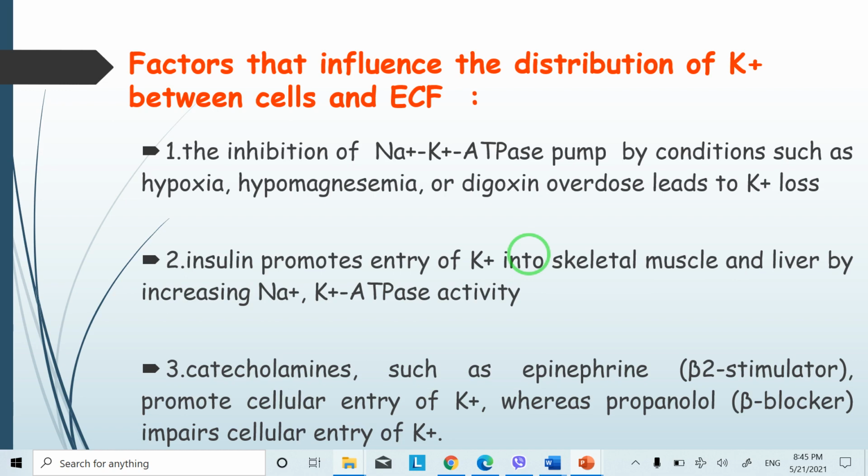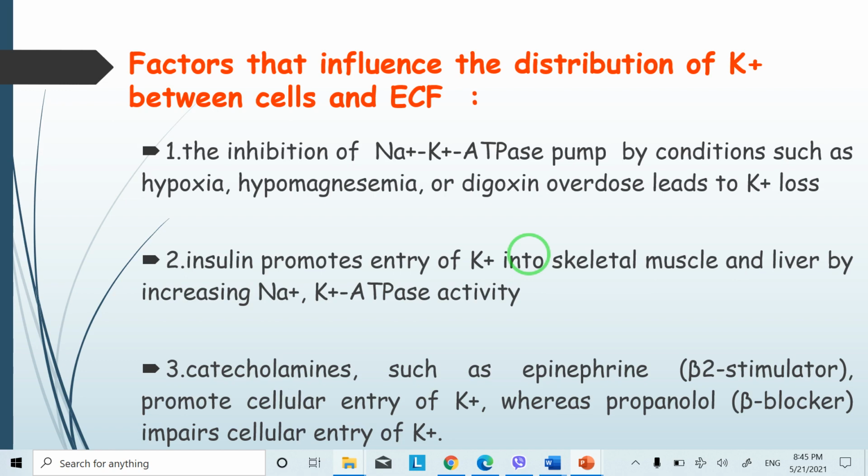So if we have hypomagnesemia, hypoxia, or digoxin, it will inhibit the sodium-potassium ATPase and result in disturbance in the distribution and lead to a decrease in the pumping of potassium to inside the cell, while insulin enhances this pump, so it allows the entrance of potassium to inside the cell, and the favorable distribution is of potassium 98% inside the cell, 2% outside the cell.